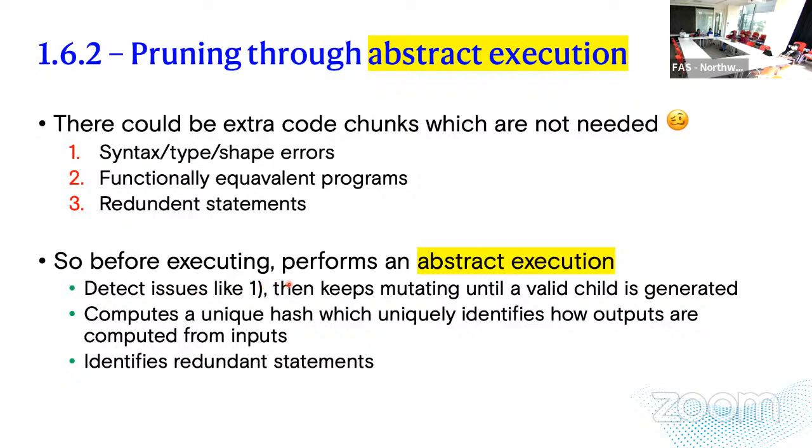And also they say that they compute a unique hash which fingerprints how the inputs are connected to the output, how that computation looks like, so that we can efficiently cache. Yeah, that's one thing. And also it can identify redundant statements. I think they have discussed this abstract execution in the supplementary as well.